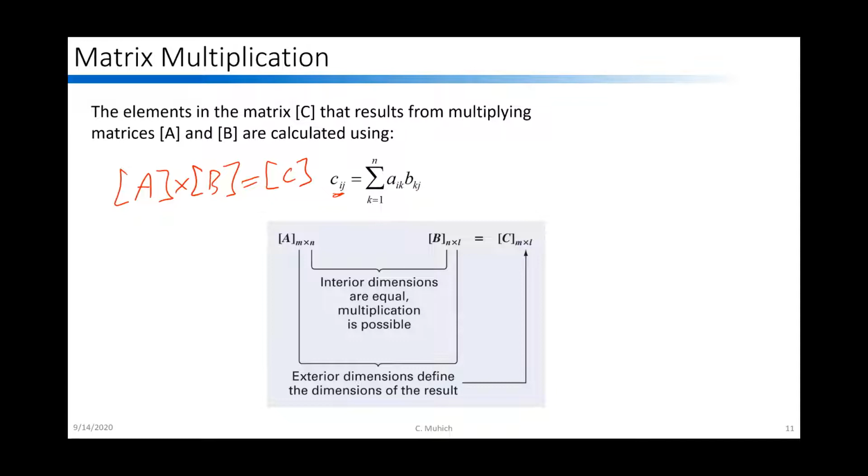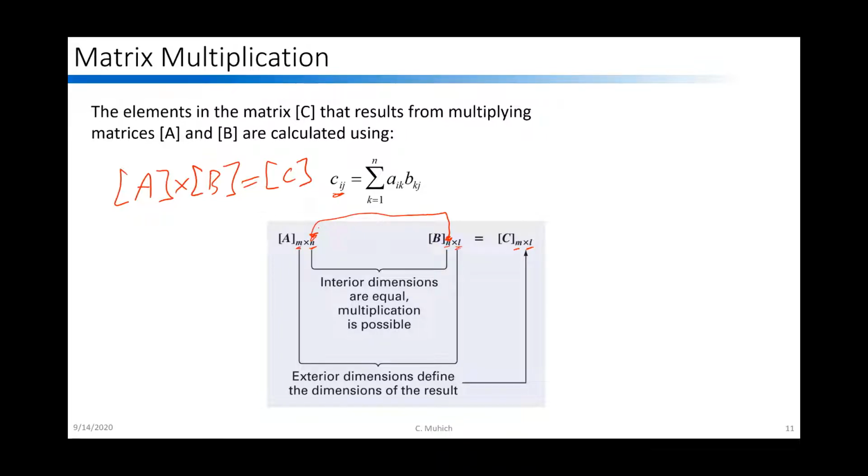I'm going to get into that in a second. But this definition means that if matrix A has size m times n, and matrix B has size n times l, matrix C, the result, is going to be the outer dimensions, so m times l. This means that my inner dimensions must agree in order to have my indexing work out.